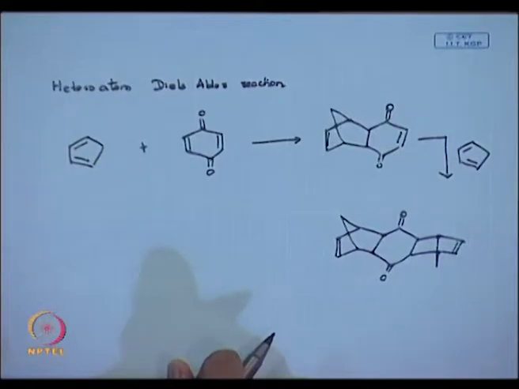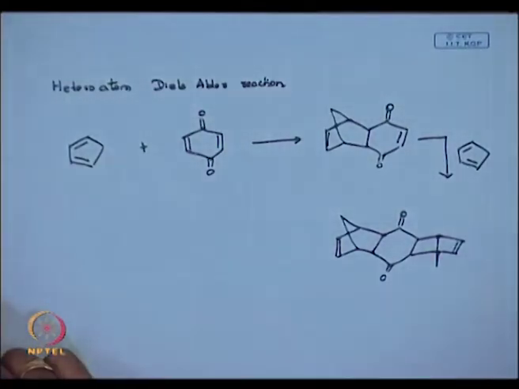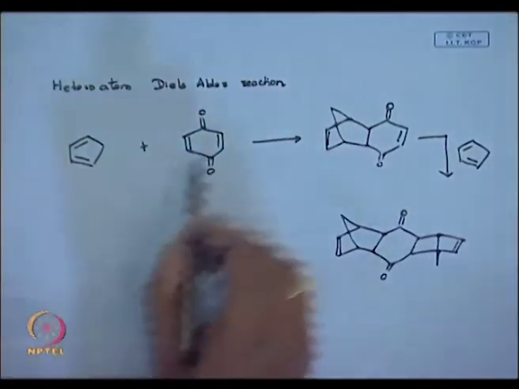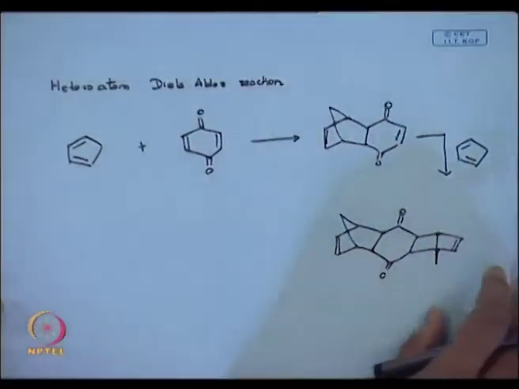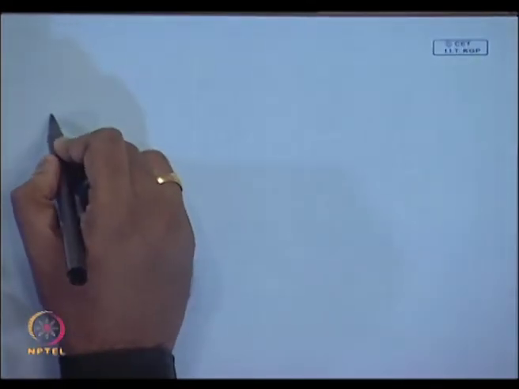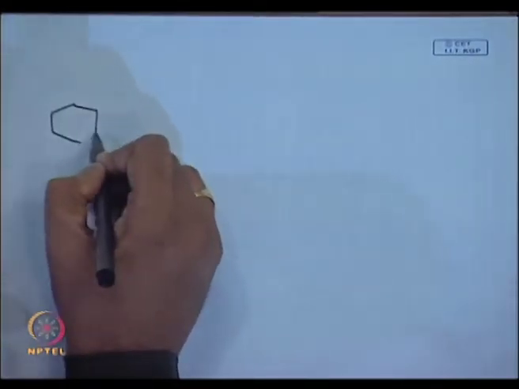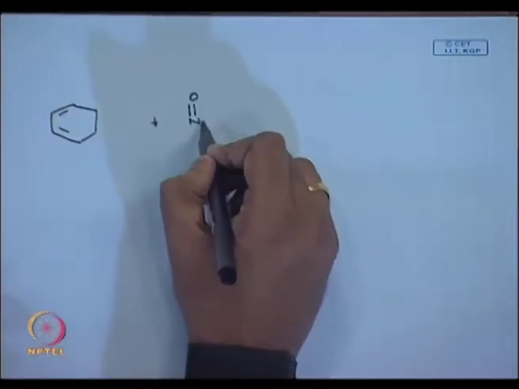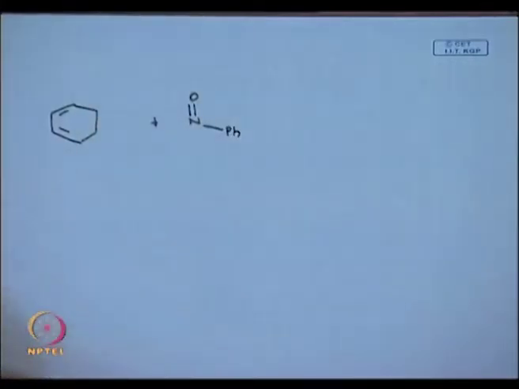Two types of Diels-Alder reaction you can look for in this case. This we call heteroatom Diels-Alder. This is not exactly heteroatom, but you can think about oxygen in the systems. But we will now see the exact heteroatom Diels-Alder reactions. If I have this, it is a proper example of heteroatom Diels-Alder, right? A very good class example. If you have this type of system, what is the product you look for?